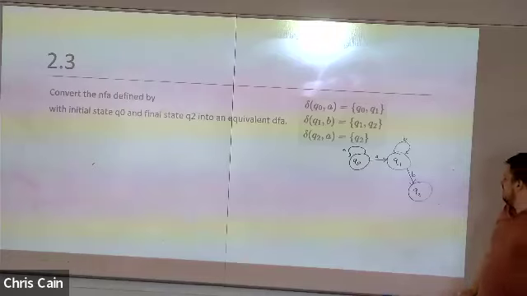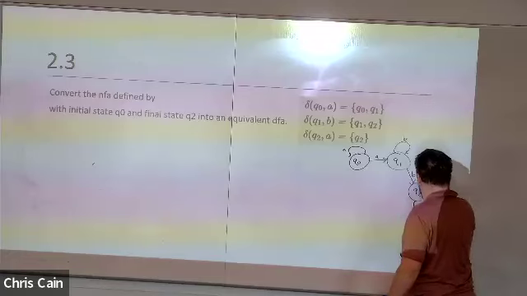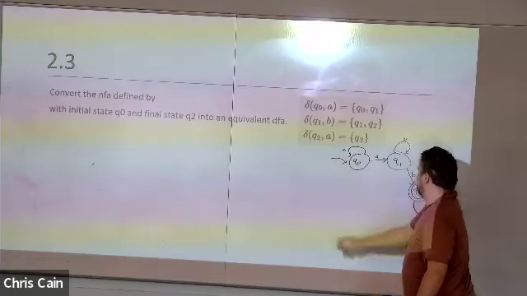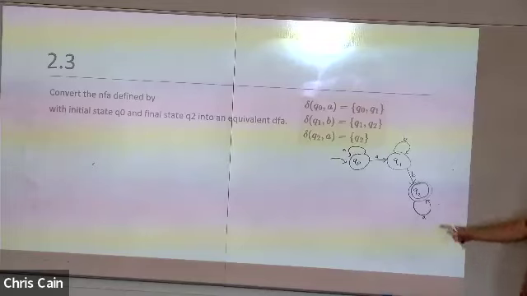On Q2, reading an A, we can stay in Q2, and then Q2 is our final state. So this is our NFA. That's what all of those transitions define in terms of a state machine.